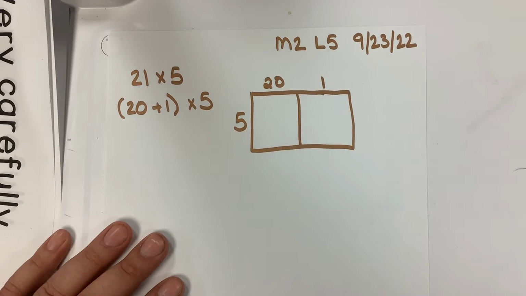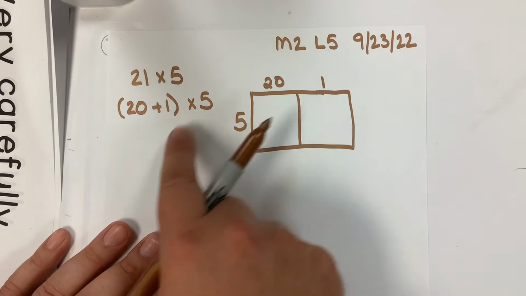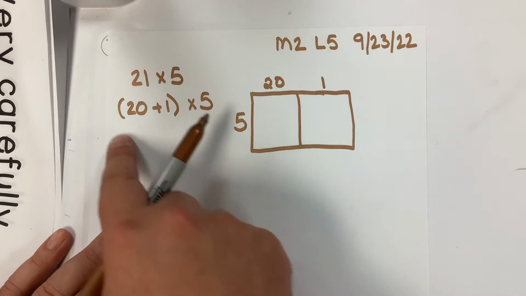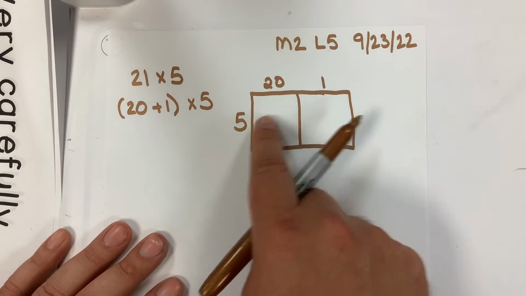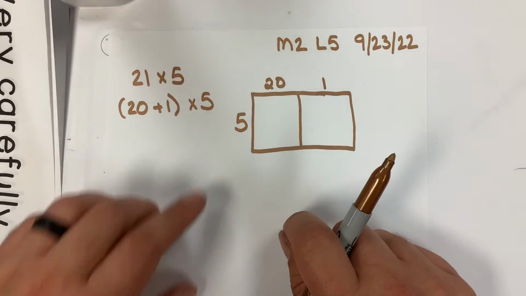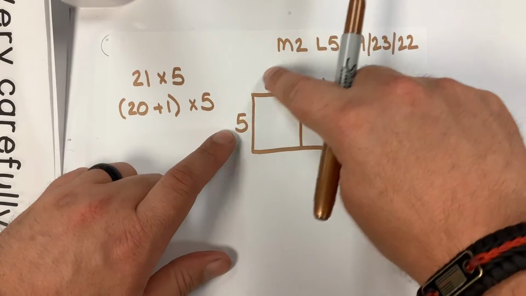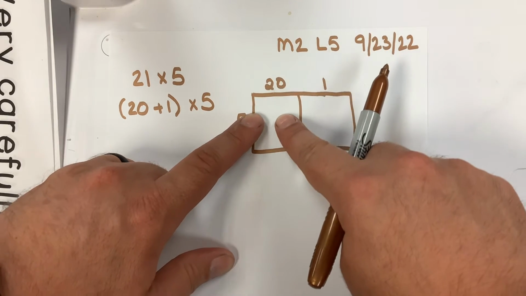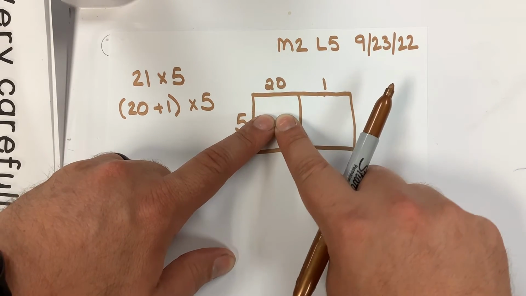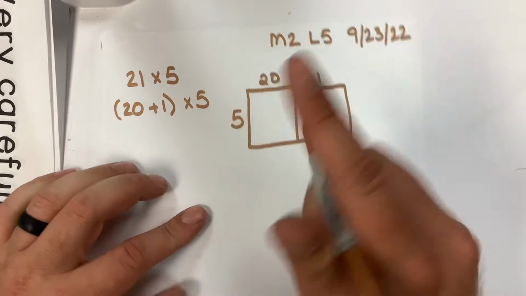Yesterday we went 20 times 5, 1 times 5, and brought it down in parentheses; today we're going to do that just in the boxes. So I'm going to look on my left side, look on my top side, and drag my fingers together. So in this box, I'm doing 20 times 5.